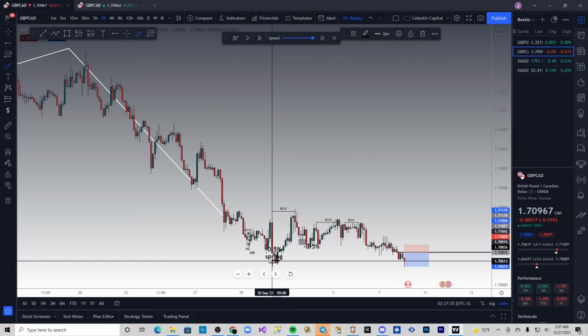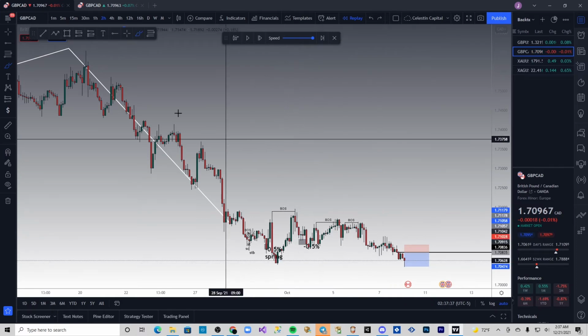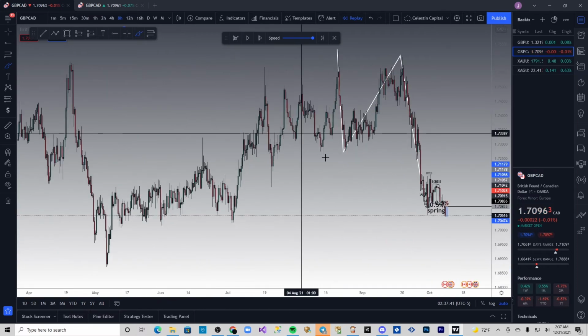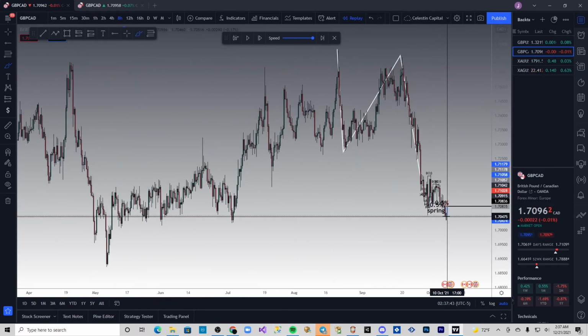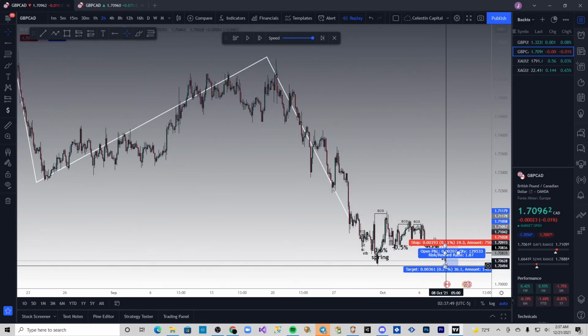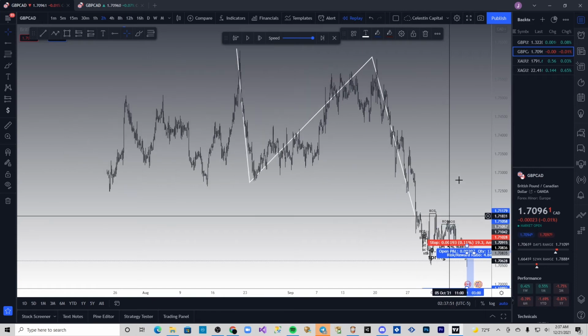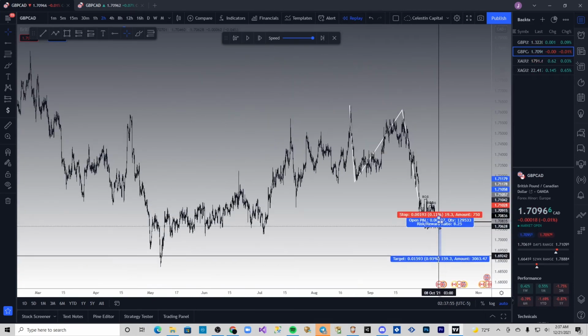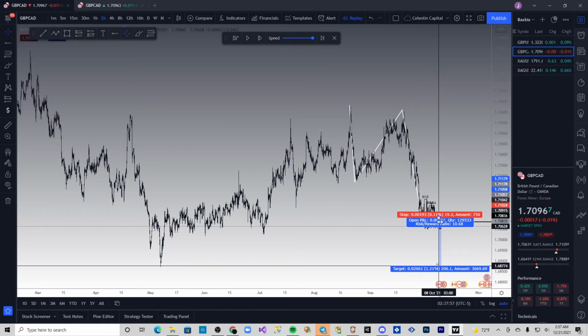We'll look to target this low. Or if you want to go crazy, you can actually target this low over here, all the way down here. You can do something like this, target this low.